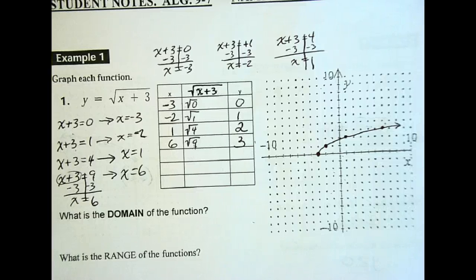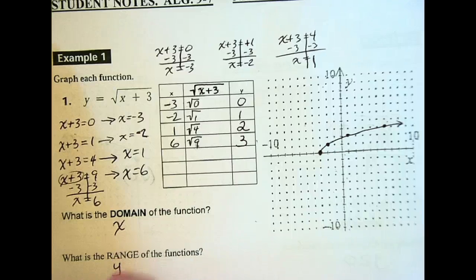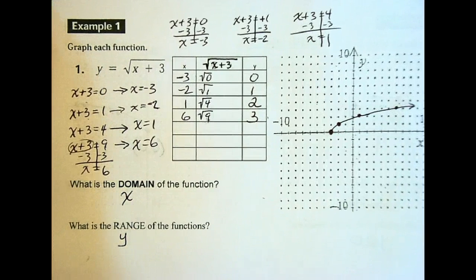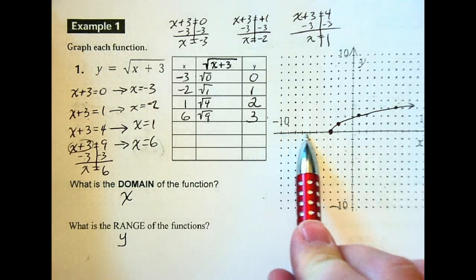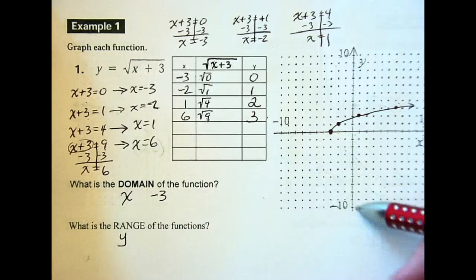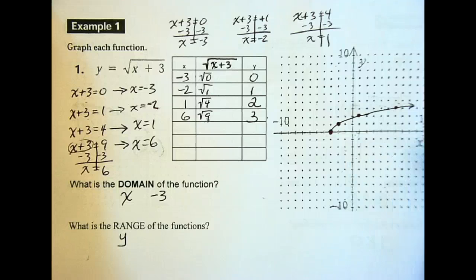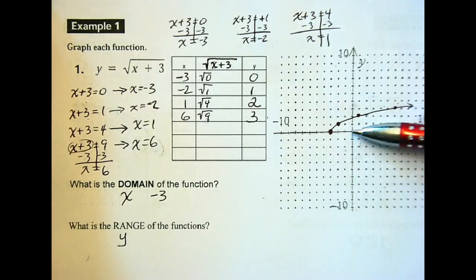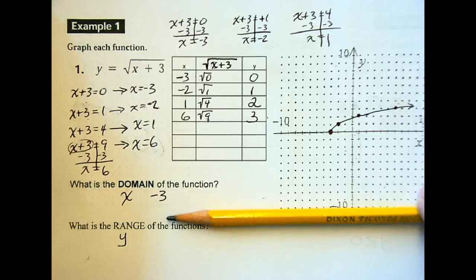Okay? So that brings us back to our domain and range, our x and our y. Where does our graph start at for x? Negative 3. Where does it start at on the y-axis? 0. Okay, so if we follow our y up, it starts right here, right? So think of your y, this pencil right here is y equals negative 10.